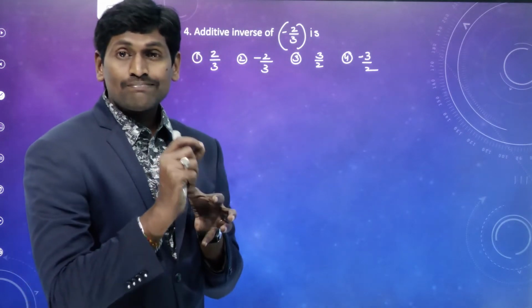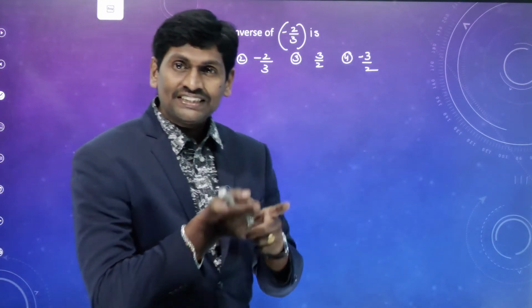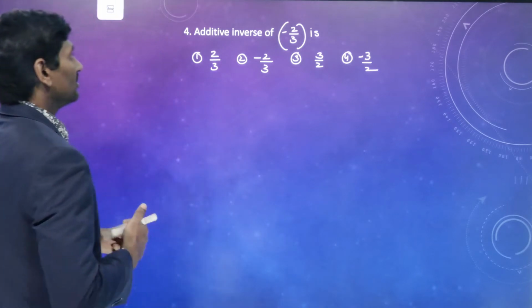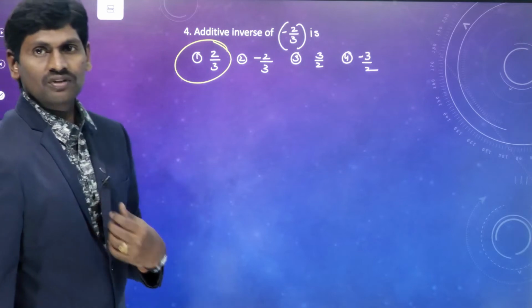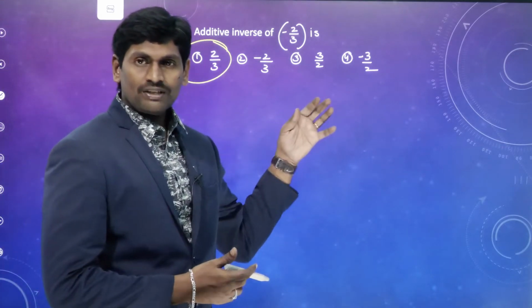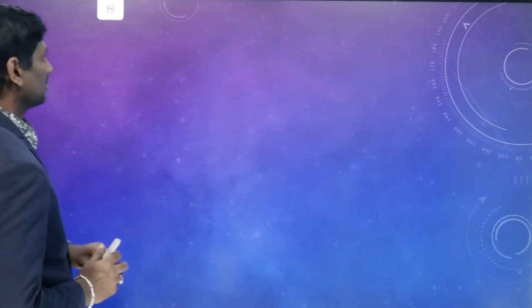That means there is an effect on the sign of a number, but multiplicative inverse means there is a change in the numerator and denominator positions. Now the additive inverse of minus 2 by 3 becomes plus 2 by 3. Let us go to the next question.